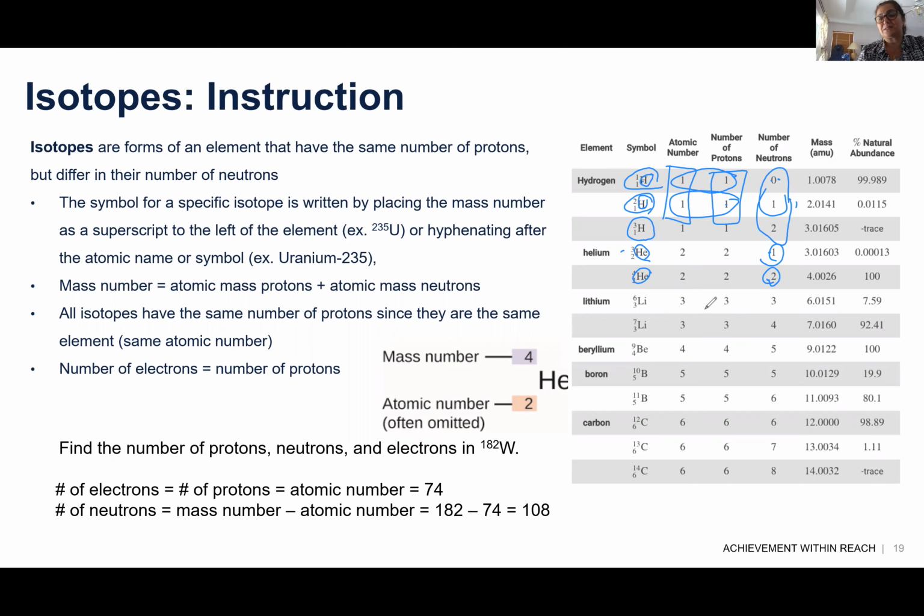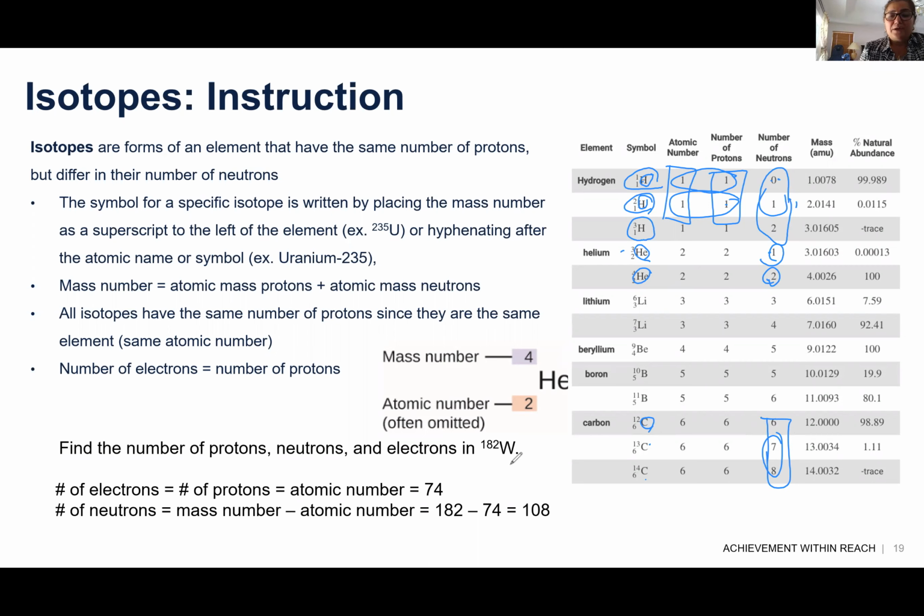So if you look at these examples, you can see that they are different in the number of neutrons. We have 3 isotopes for carbon, carbon 12, 13, and 14.